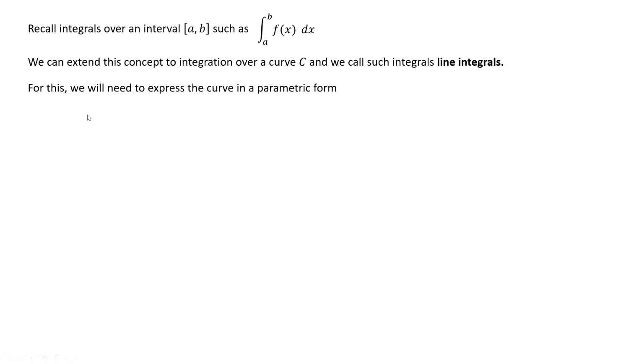So to be able to do something like this, we have to learn how to express that curve in a parametric form. But the truth is we already know about it. In Cal 2, we learned about parametric curves. Basically, what's a parametric curve? If you have a curve, you can write x as some function of t and y as a function of t.